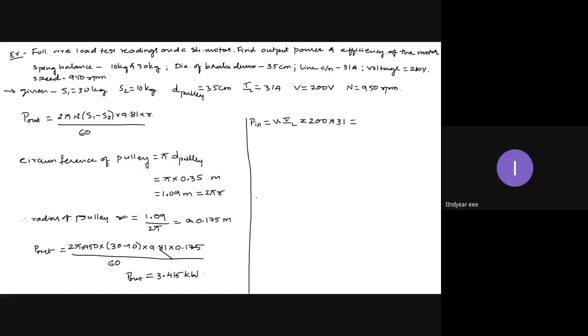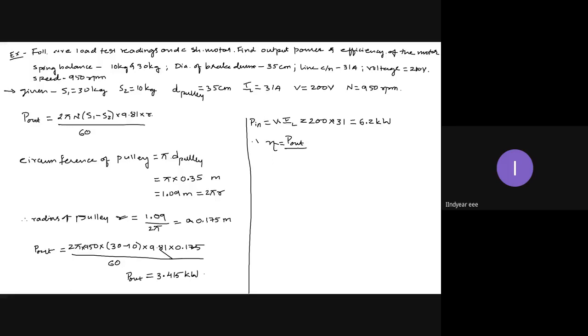It is 6.2 kilowatts. Therefore, efficiency is equal to P out by P in.